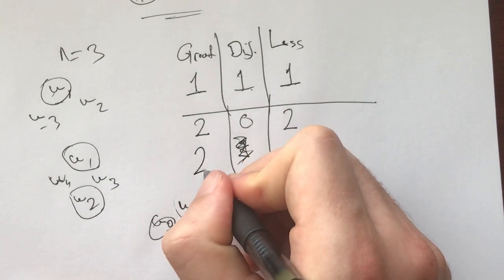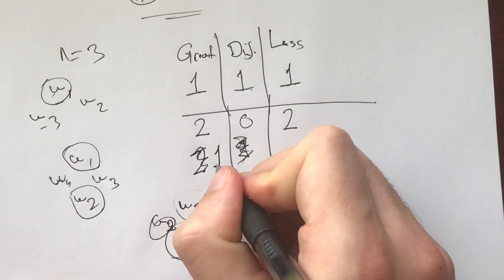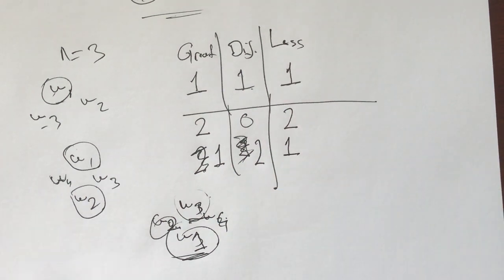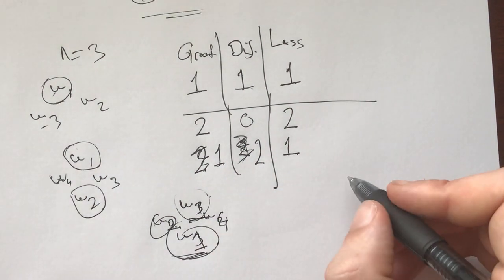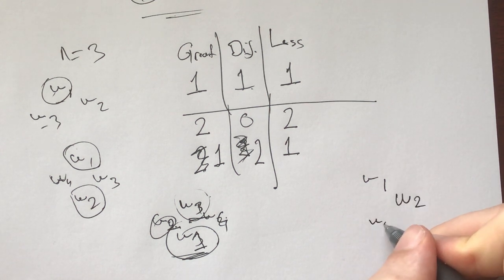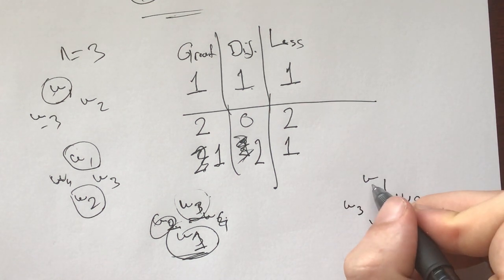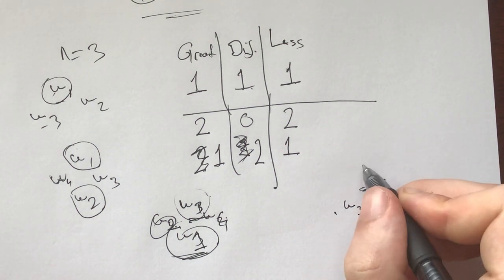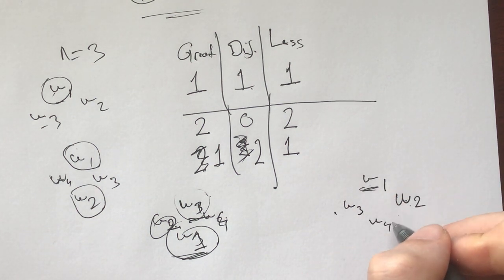My bad. So once greater than, 2 times different, and 1 time they're both less than. And in the final case where we have W1, W2, W4, W3, we have both greater than once, and then W2 and W3 change, and then we have a difference, and then again a difference, and then W4.